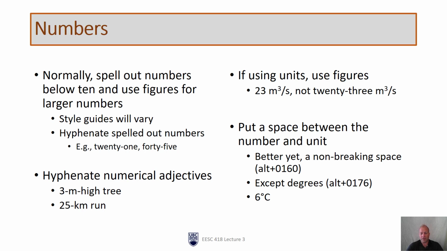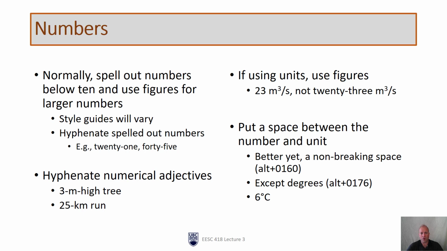I've put a few shortcut keys here. Better than a space is to use a non-breaking space, because you never know where that text might end up. And if it ends up at the end of a line and you've just used a regular space, your units will end up on the next line. So we covered this, I think, a little bit in last week's tutorial, but just a reminder, there's another shortcut to doing a non-breaking space. There's also a shortcut to the degree symbol. So it's one of these alt keys.